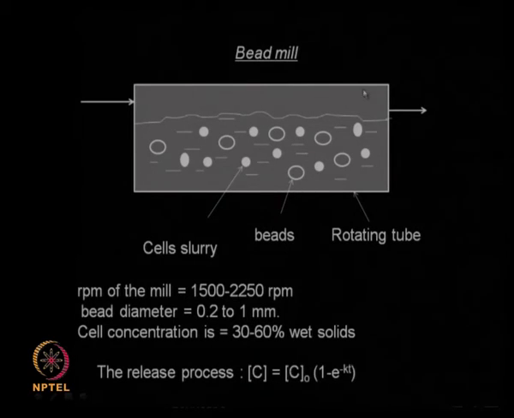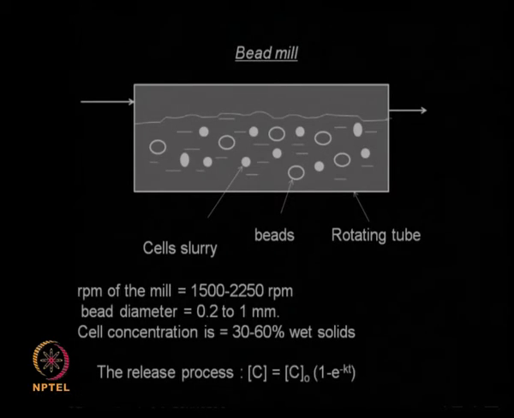This is a cylindrical tubular equipment, it rotates, the slurry containing your cells is taken inside, and as it rotates it tumbles and the metal beads hit the cells, and because of the mechanical contact, mechanical attrition, mechanical force, the cells break. So that is the principle of the bead mill.